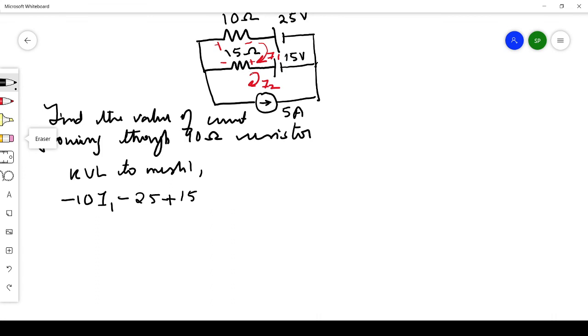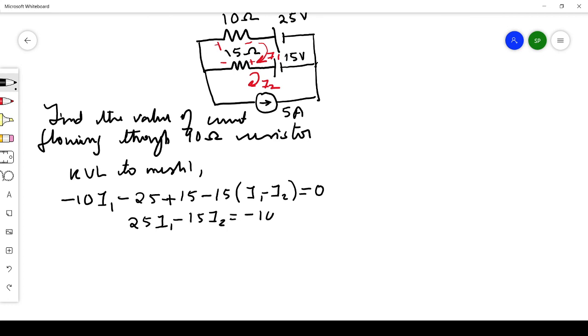So both are in opposite directions, so you need to subtract those currents. So it is minus 15 into (I1 minus I2), that is equal to 0. When you simplify this equation, you will get 25 I1 minus 15 I2 is equal to minus 10. This is equation 1.